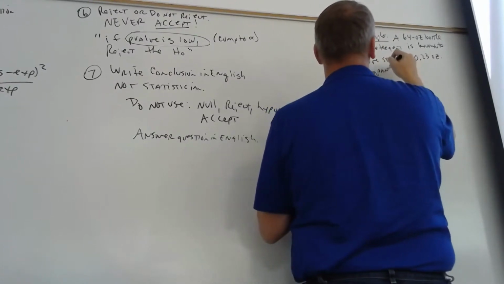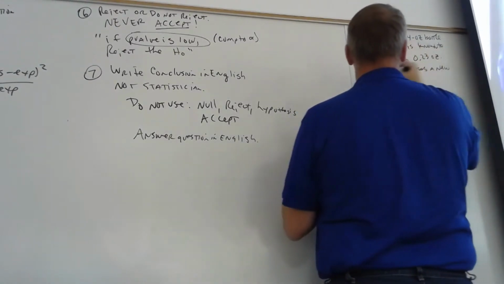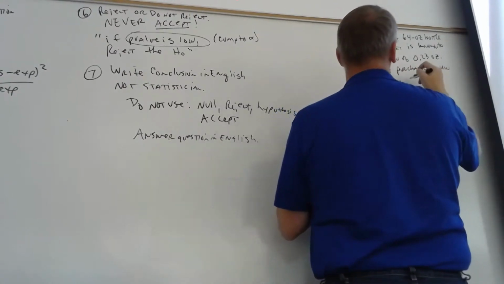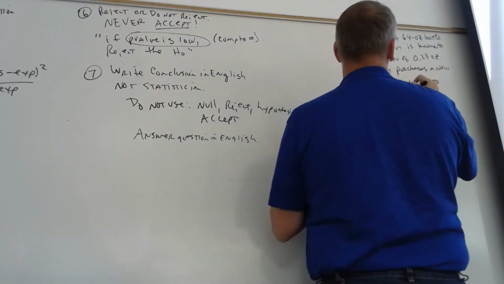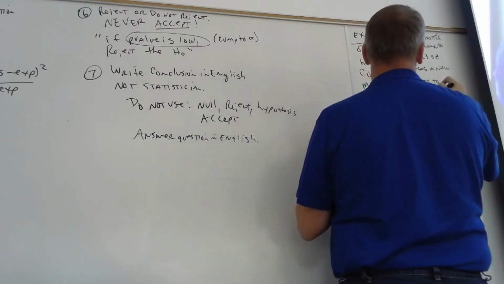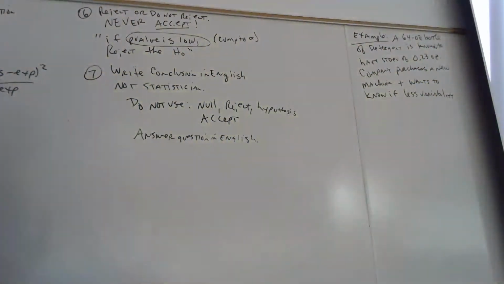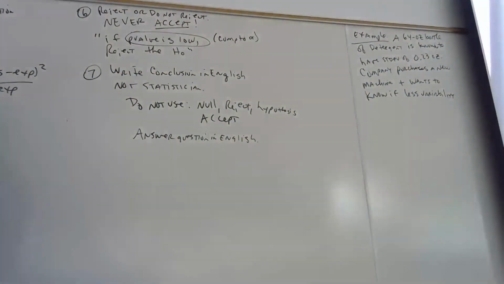Company purchases a new machine and wants to know if there is less variability. So what I'd like to do is we'll go through the first 3 steps. There's not enough information to actually solve this, but I want to make sure that we can do the first 3 steps. Okay, list all the important numbers.